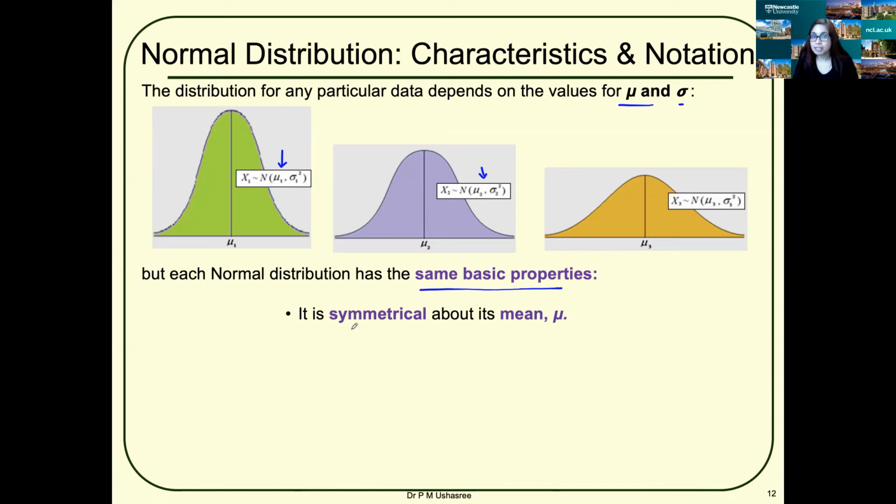Each distribution is symmetrical about its mean. The median and the mean are equal in each case because these are symmetrical data.